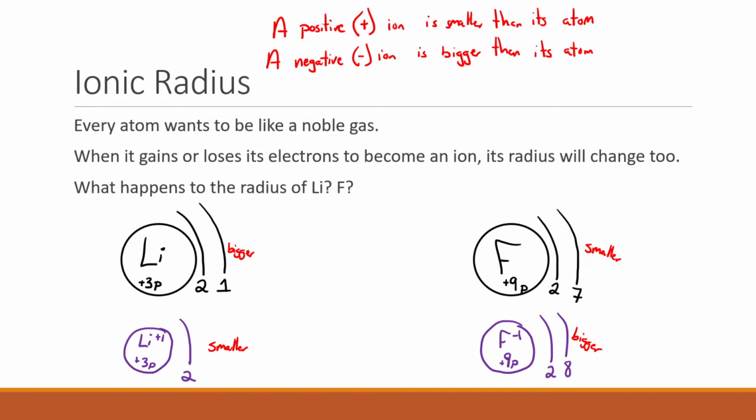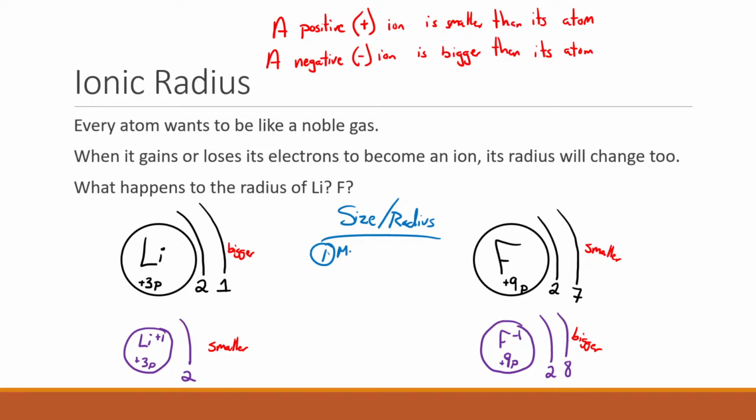And so, in order of importance for size, radius, the most important thing, the thing that automatically determines if something is bigger or smaller than something else, is the number of shells.